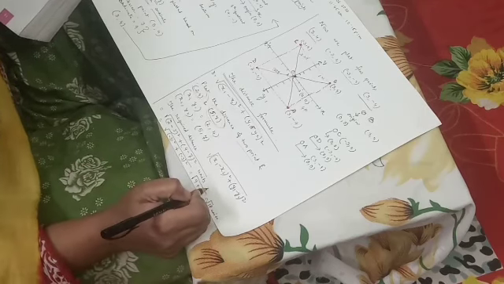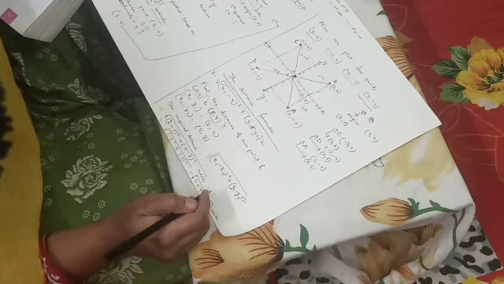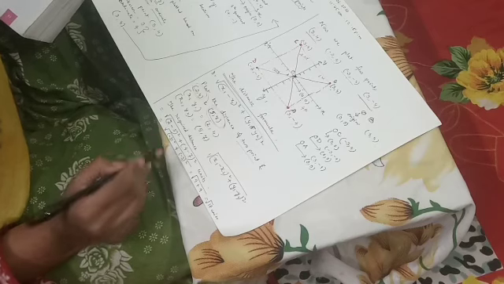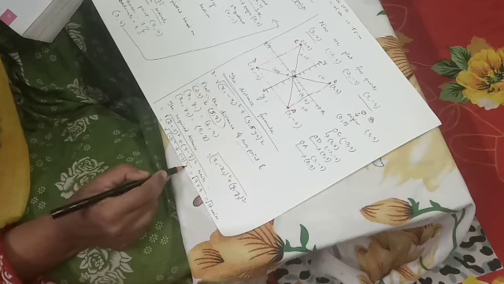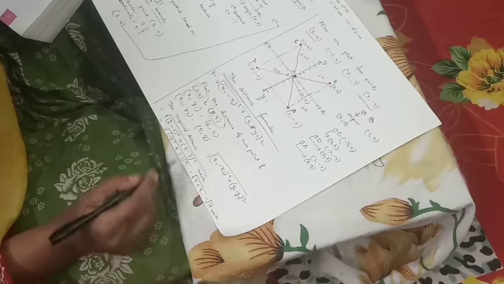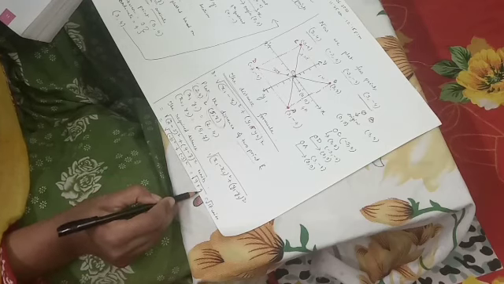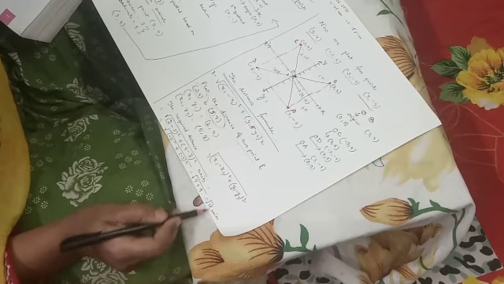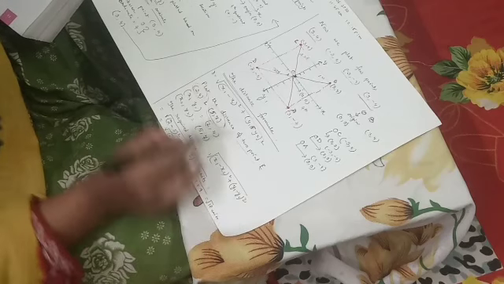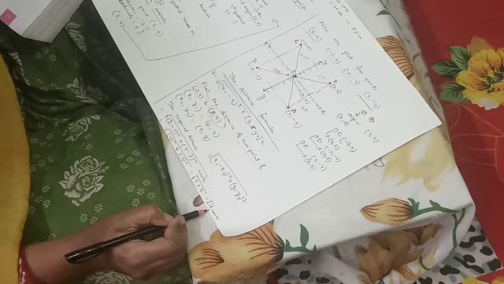Since the distance is measured in units, the answer will also be in units. Root over (minus 3) square plus (minus 3) whole square. Minus minus makes plus, you know. So 3 square is 3 into 3, that is 9, plus 9, equal to root 18. So what is the distance between the 2 points? The distance is root 18.